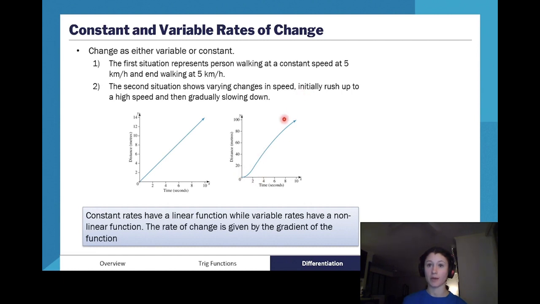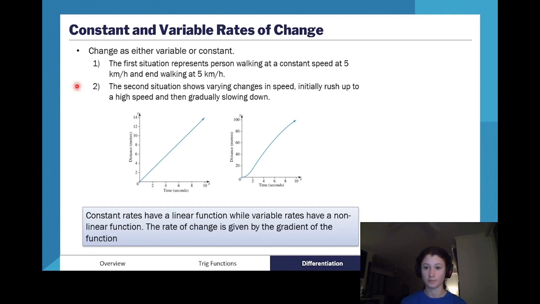And then when you get to over here, your distance is not changing so much because you've slowed down. So, constant rates have a linear function, while variable rates have a non-linear function. And the rate of change is given by the gradient of the function.